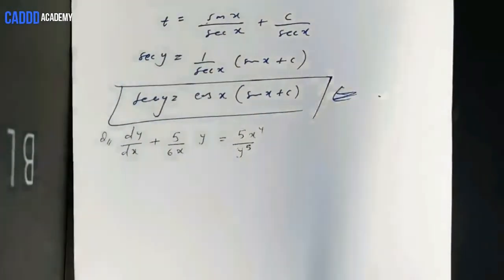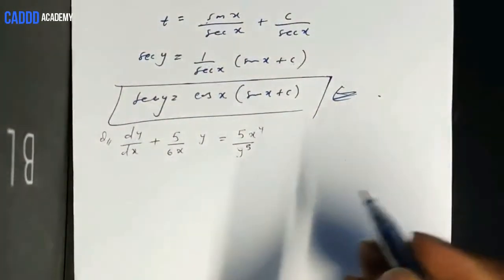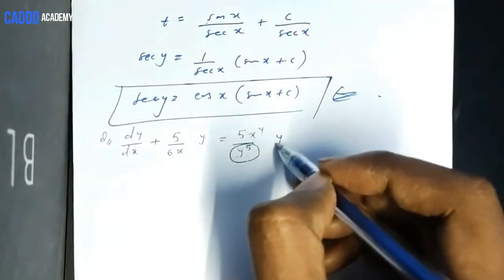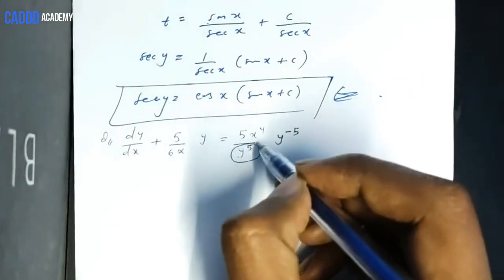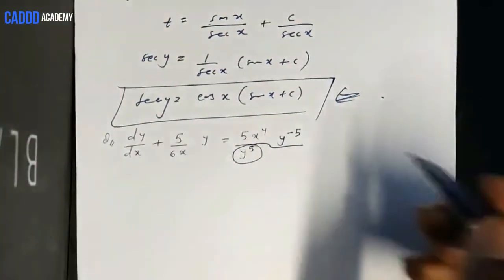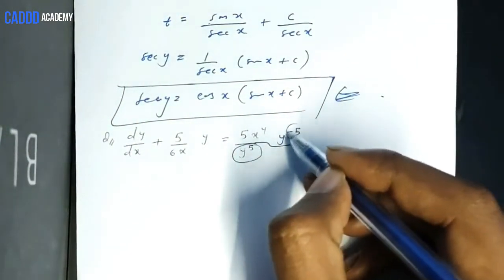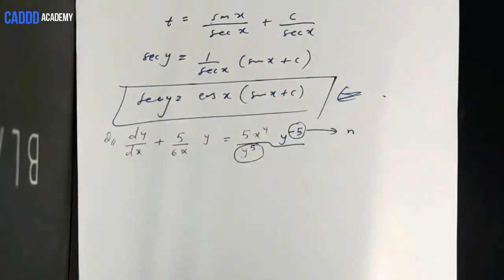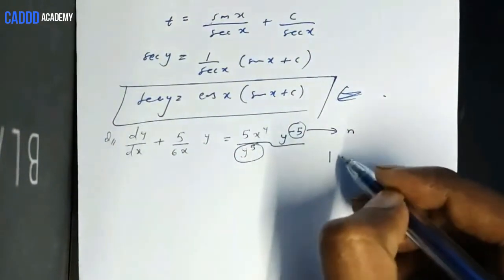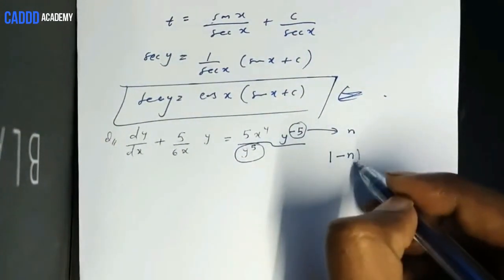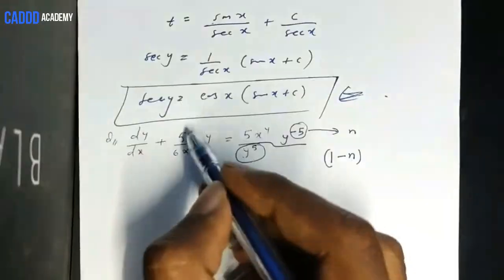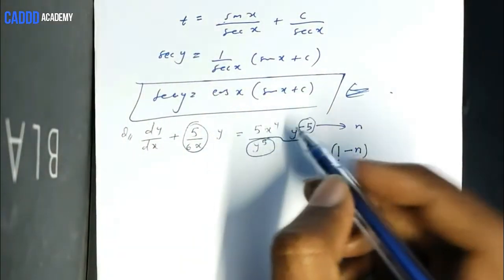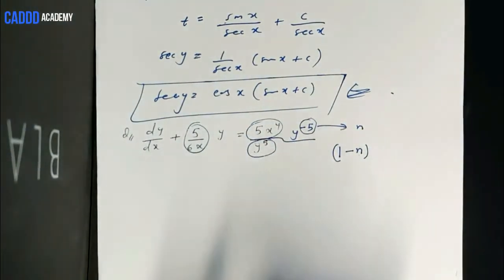To solve this Bernoulli's differential equation, we can write this thing as y to the power minus 5, which we will say is n. Now this 1 minus n will be multiplied to this term and this term also.